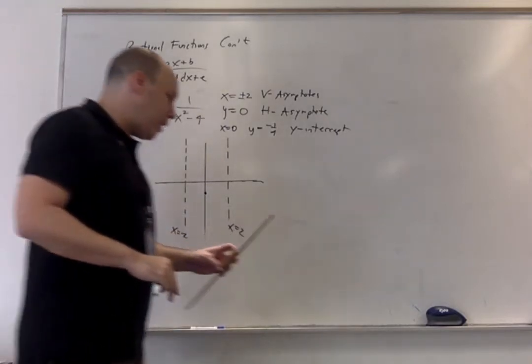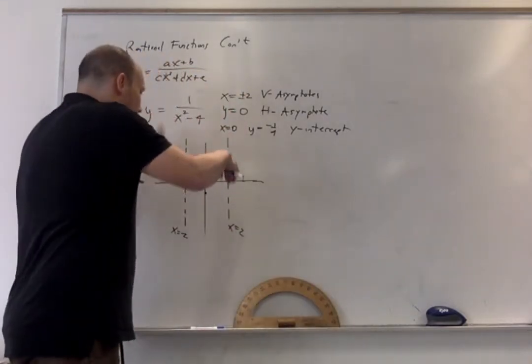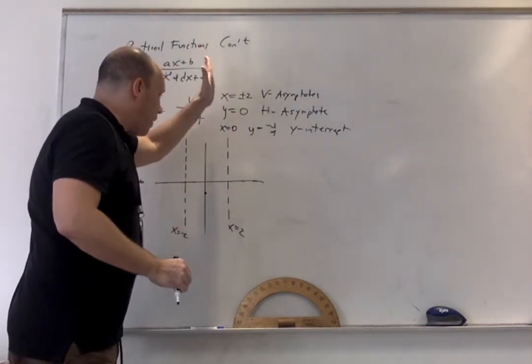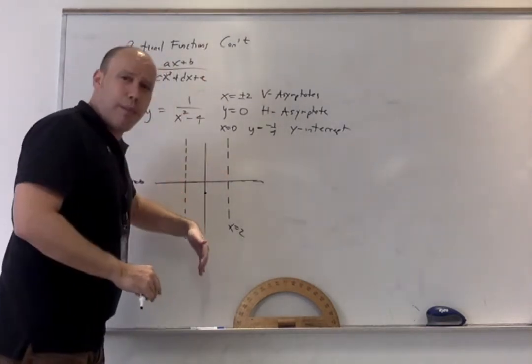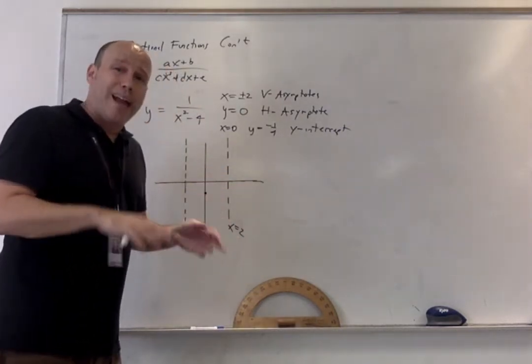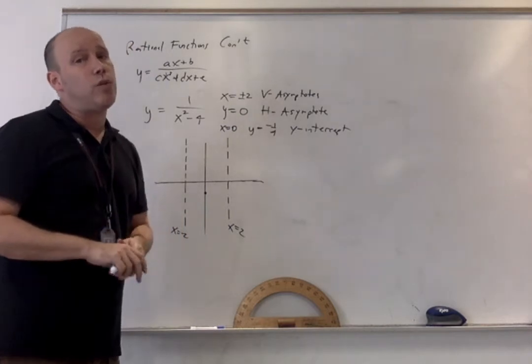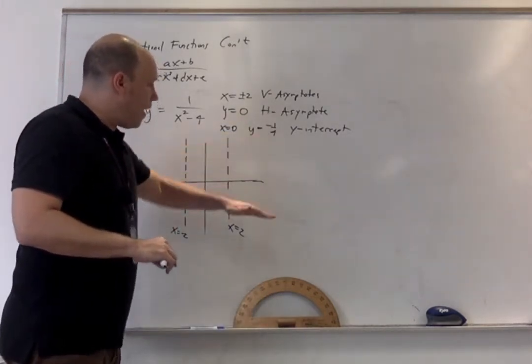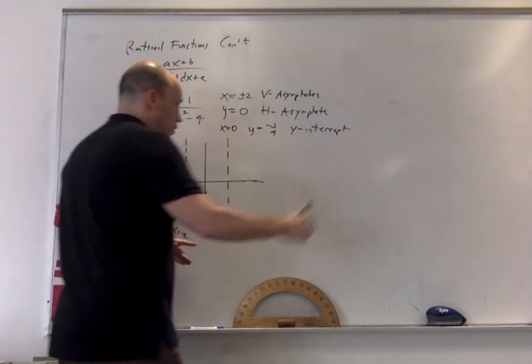Now the question is, I know that there's branches and maybe there's a weird thing that goes through here, or maybe it looks like a parabola, or there's a branch down here on this side. I don't know what to do. I kind of know what it looks like. So what I'm going to do is I'm going to make a sign chart. I'm going to see if there's positives or negatives at the important points.